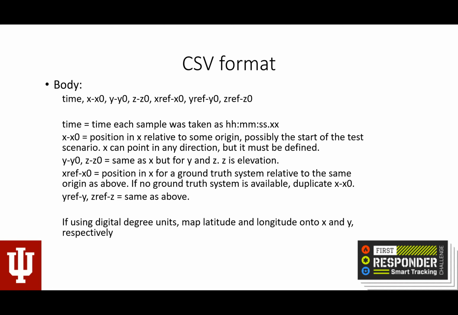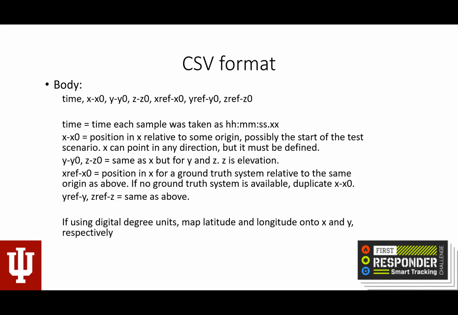And then also, if you are using a ground truth system, we do ask these requirements here: position in X for a ground truth system relative to the same origin as above. And if you're not using a ground truth system, just duplicate the X0, which is that first X position.